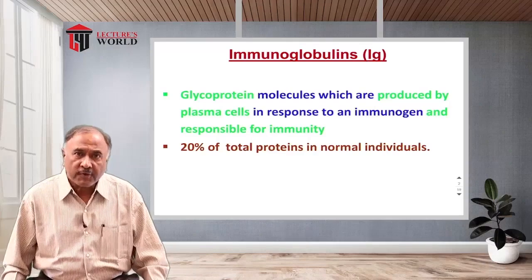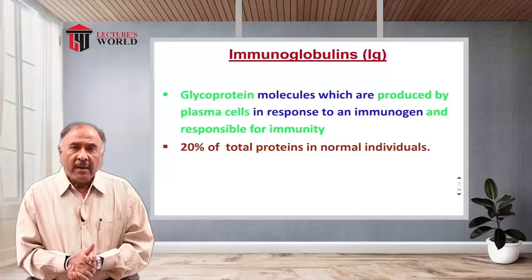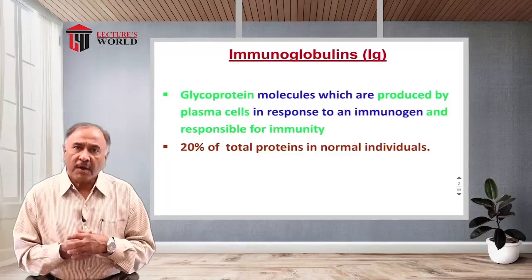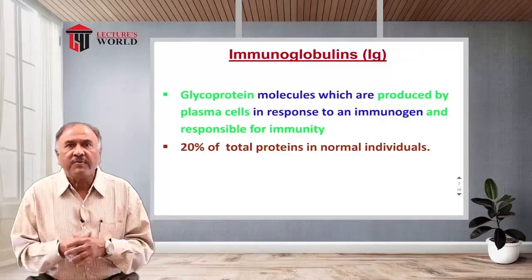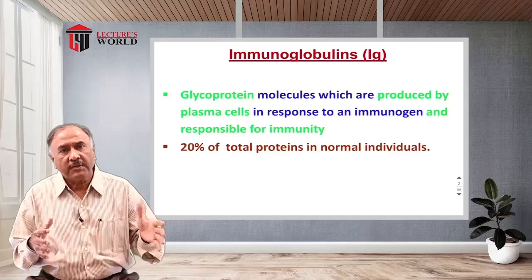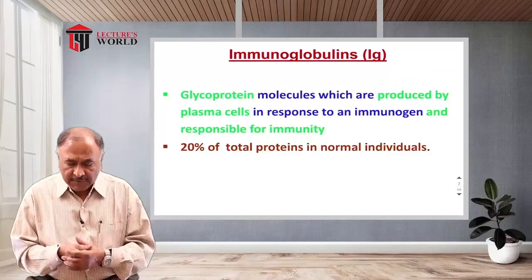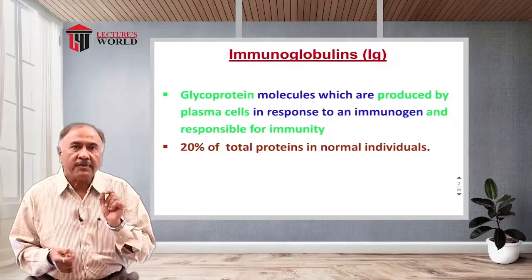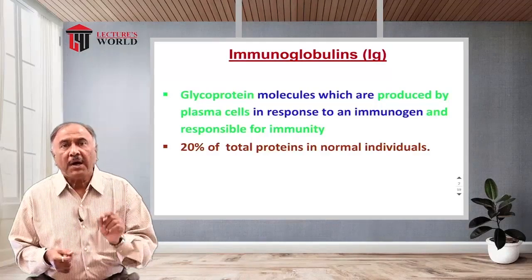And when are they produced? They are produced in response to immunogen. It means whenever an immunogen comes across in the body, there are defensive cells which counter it by production of such molecules. And what is going to be its main function? Its function is to impart immunity.